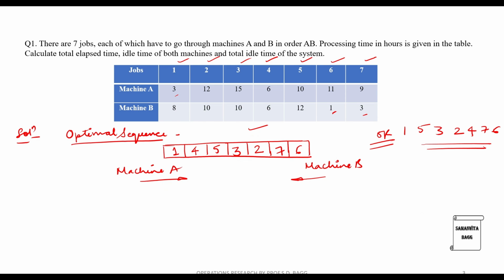So once this is done, we will draw a table to figure out the in time of the job, the time taken and the out time of the job on a particular machine, and then the idle time of each machine. So first I will write down here job sequence.